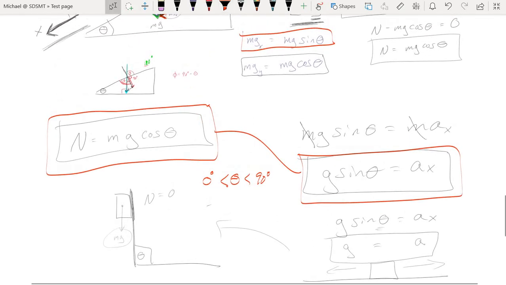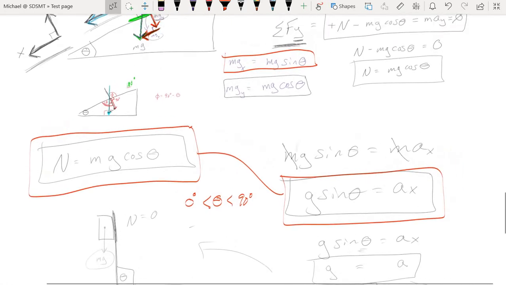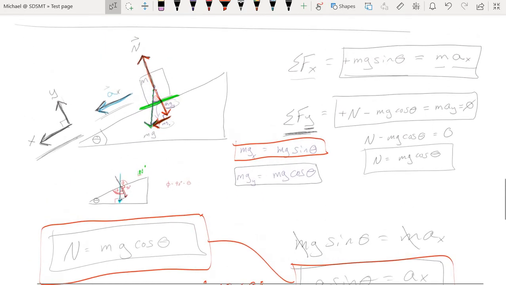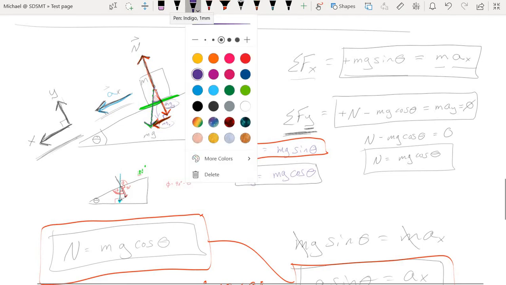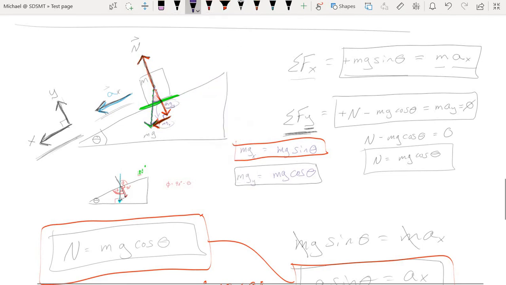And so now that we've done this, we really don't have to come back and do them again unless, and this is a big but here, unless there are other forces that are added into the system.